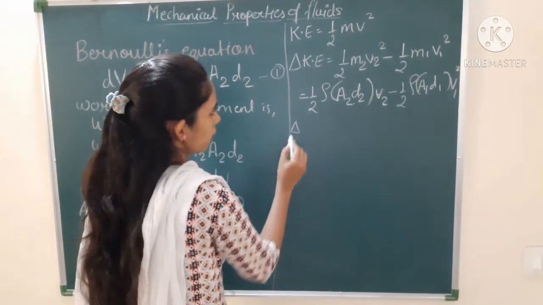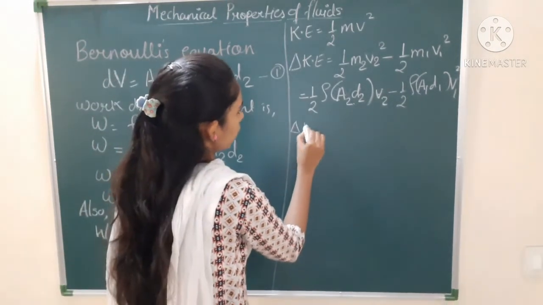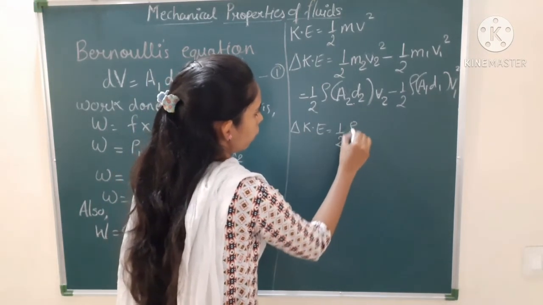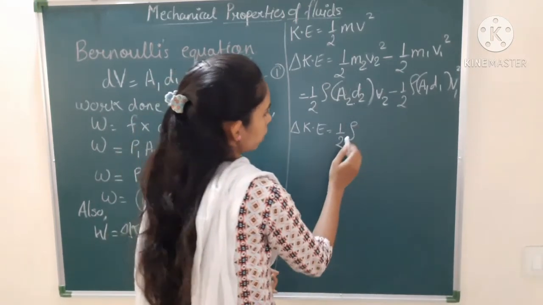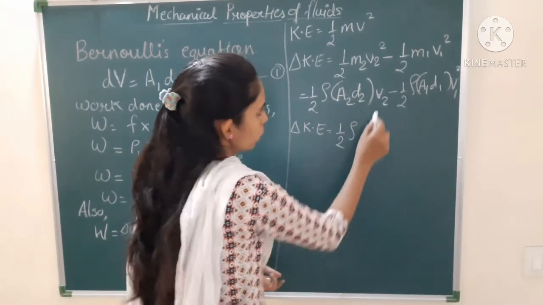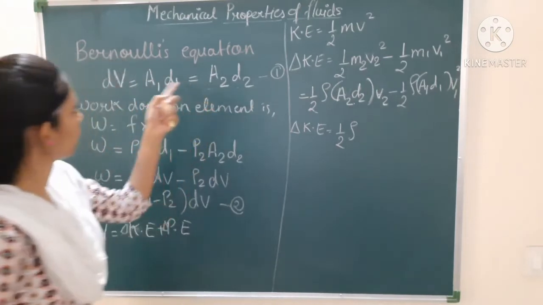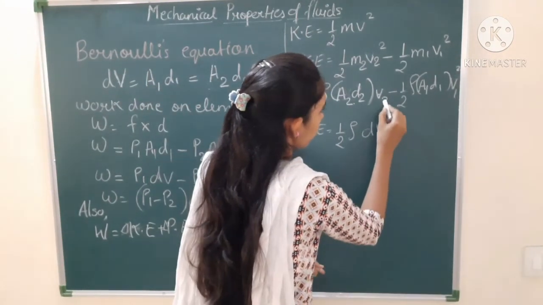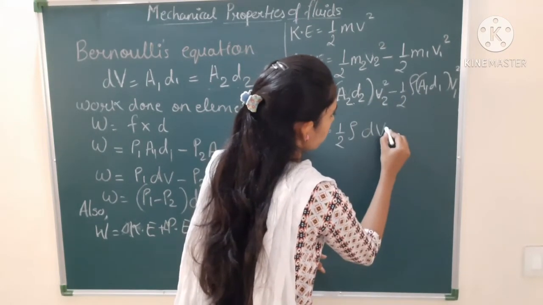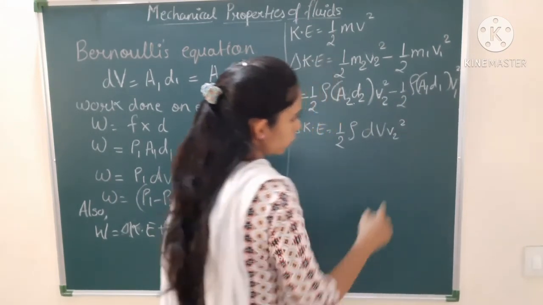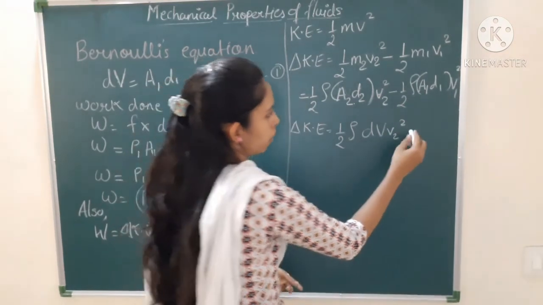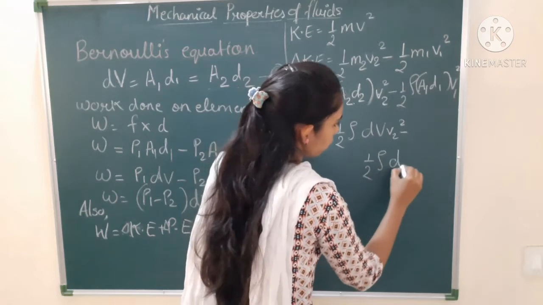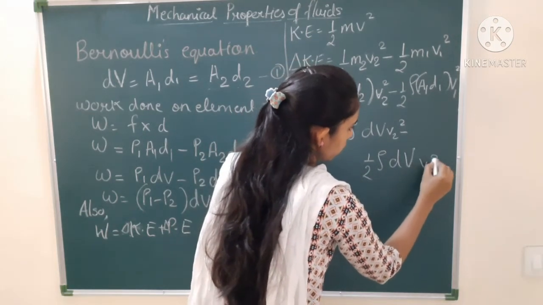So you have to find out the kinetic energy. Kinetic energy can be written in other forms also. Let us solve more. Common terms will be half rho. This A2 d2 and this v2 we can write in terms of dV, so it will be dV, and here v2 square, with v written small, minus half rho dV v1 square.